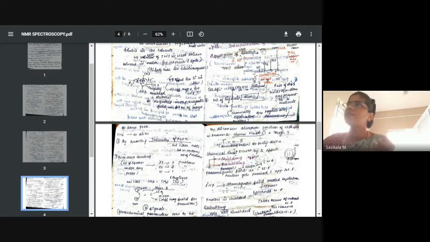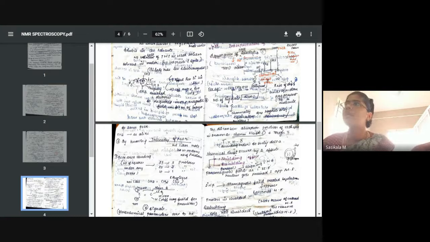These are all the factors that change the position from TMS, so the chemical shift for the sample protons will be located on the x-axis at some parts per million value. In H1 NMR, the chemical shift value will range from 0 to 10 parts per million only.